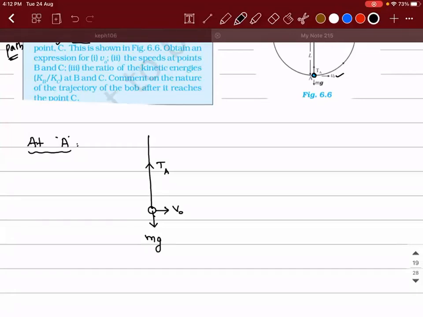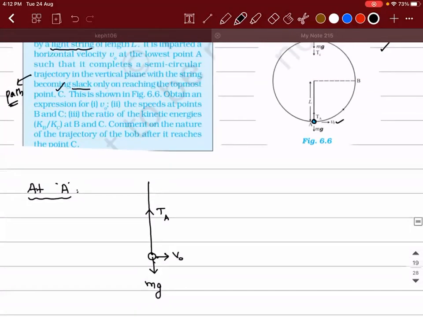Now tell me one thing, if the object is given a velocity perpendicular to the forces that are acting, what will be the trajectory of the particle followed? It is going to be a circular motion, right? So you're able to see that it is going in a circular motion. So for a particle to be in a circular motion, what is the necessary force? What is the necessary force required to put the particle in a circular motion? Centripetal force.